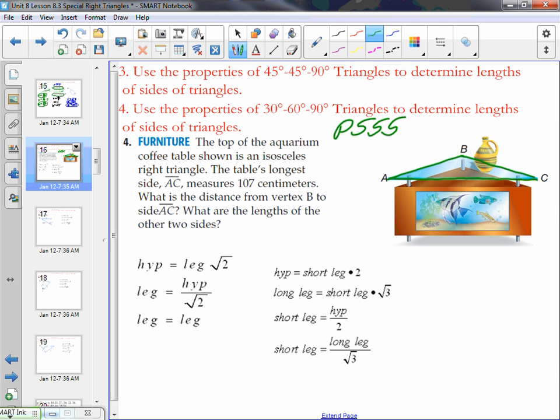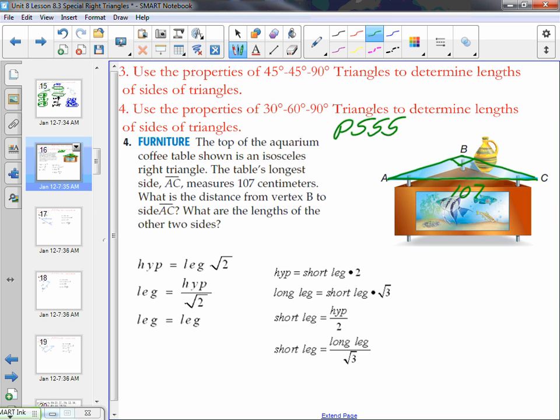So the table's longest side, segment AC, measures 107 centimeters. 107 for segment AC. If that's the longest side, that tells me for certain that's the right angle, doesn't it? Okay? What is the distance from vertex B to side AC? Ooh.